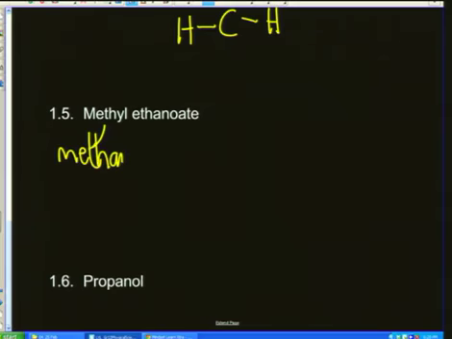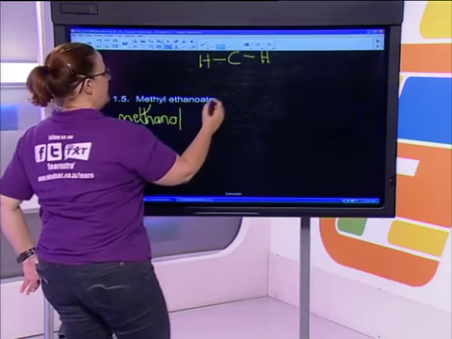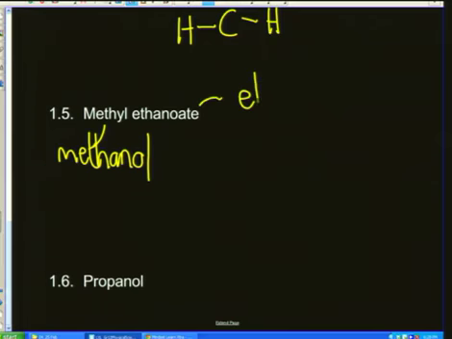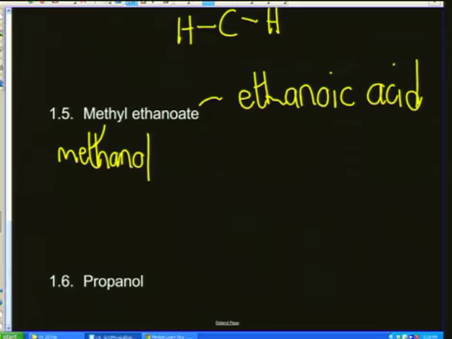And the ethanoate part comes from the acid that we used. It's an alcohol and an acid put together. And this comes from, pretend that's an H, ethanoic acid. Okay? So, methyl, the first part of this, means 1, so we're going to have a single carbon.